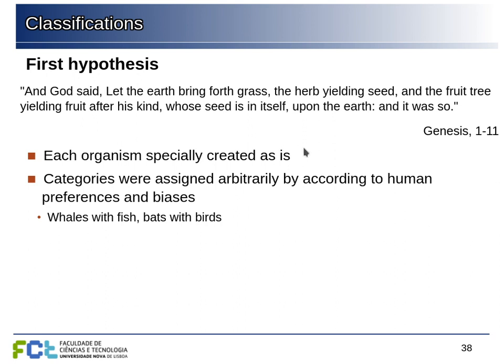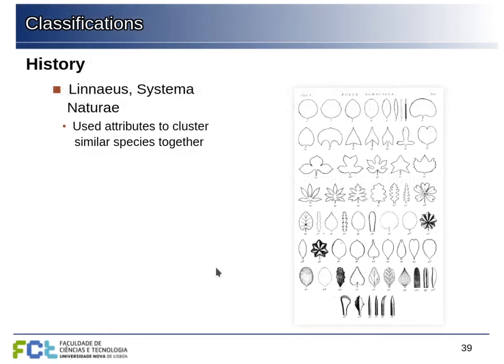And so we have these different categories depending on what humans thought was more relevant. For example, the fruit trees, the herbs that have seeds, the animals that fly, the animals that swim, and so forth. And this was the way of trying to organize the living organisms, but it did not fit too well with the data and was not able to give good explanations of how these things came to be.